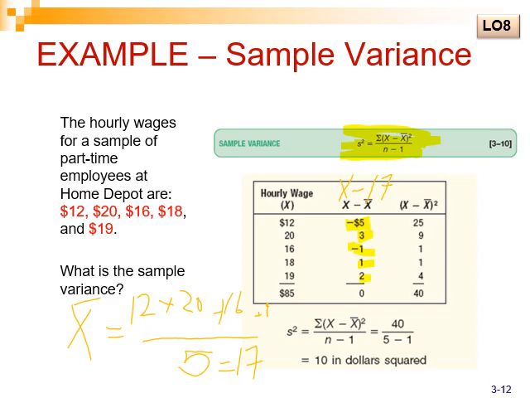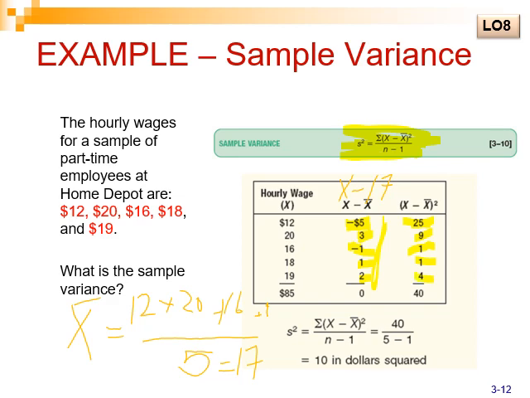Then squaring each value for the difference between x and x bar. We square the second column: minus 5 squared equal to 25, 3 squared equal to 9, negative 1 squared equal to 1, 1 squared 1, and finally 2 squared equal to 4.